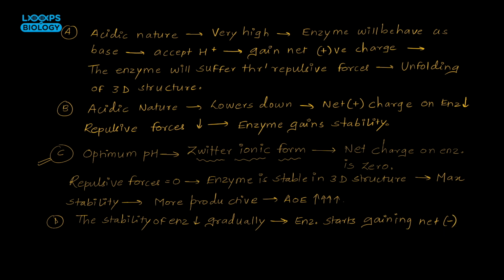Why the negative charge? Because as the pH is increasing, it is moving to the basic condition in the surrounding. Whenever basic conditions happen, the enzyme will act as an acid and start donating H plus ions. As the positive charge is reduced on the complete structure of the enzyme, the enzyme will get a net negative charge. Got it? So in this case, again, the repulsive force will increase and the stability will decrease.